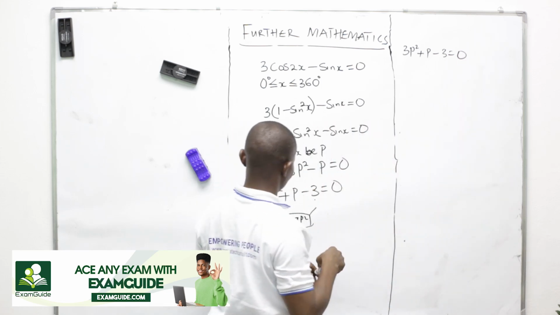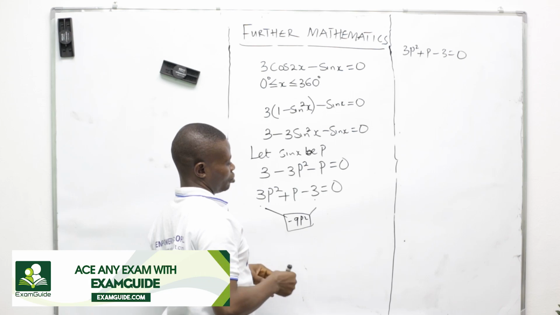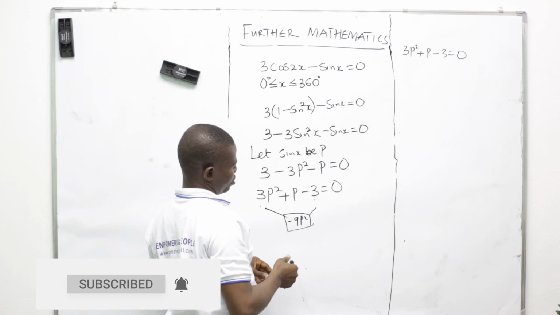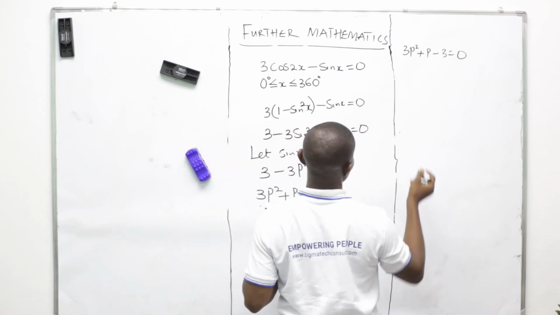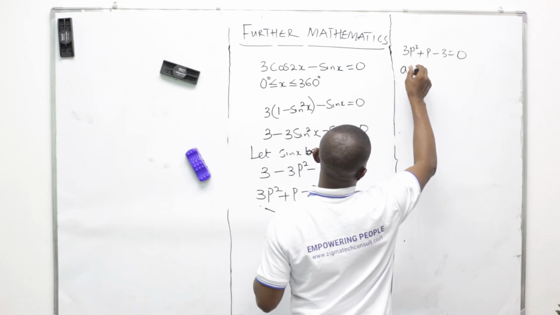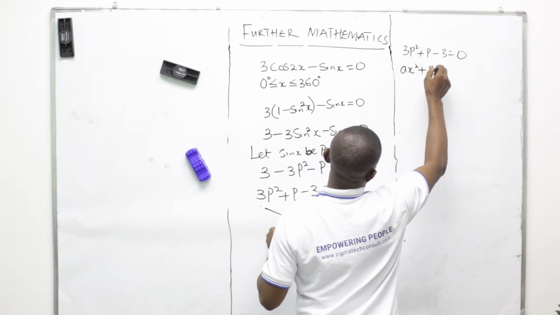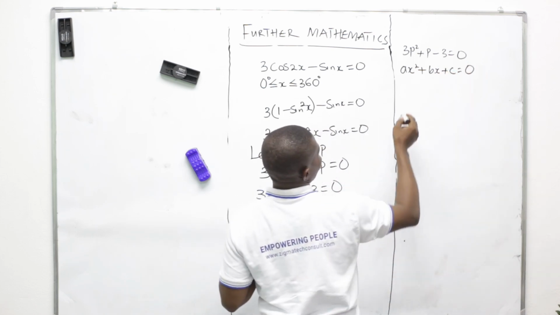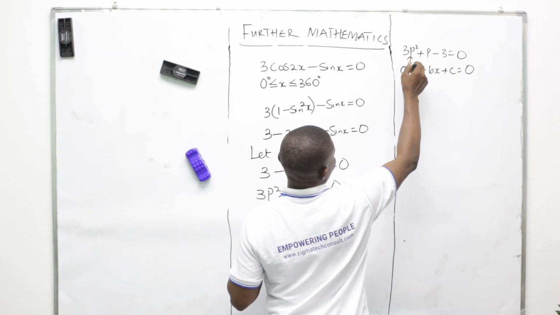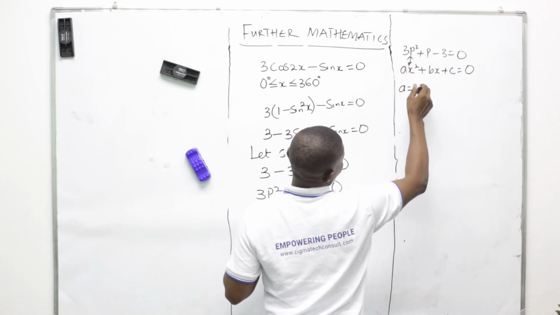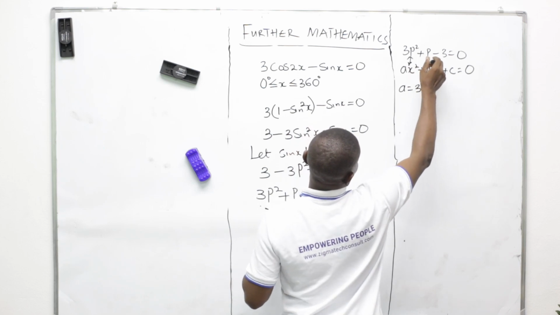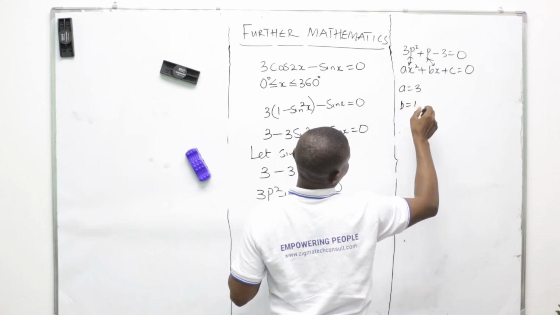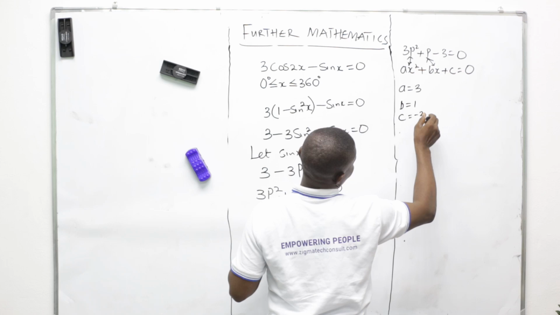Try to factorize this. You are seeing that we can't just factorize, so let us use the formula method by creating a link with aS squared plus bS plus c equals 0, making a 3, b 1, and c minus 3.